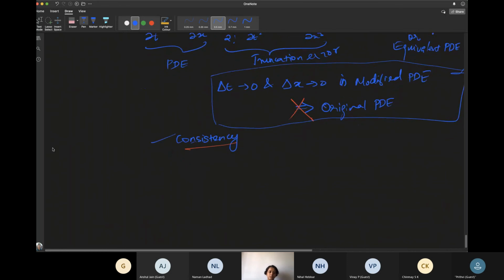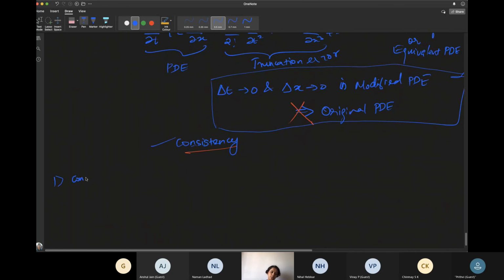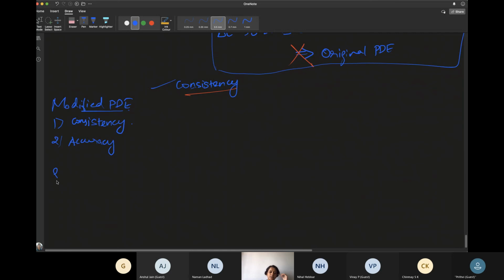So this is one consistency. With this modified PDE, you can check for consistency and accuracy as well, both of these. For stability, you need to go through von Neumann stability analysis. This is possible only for linear equations.